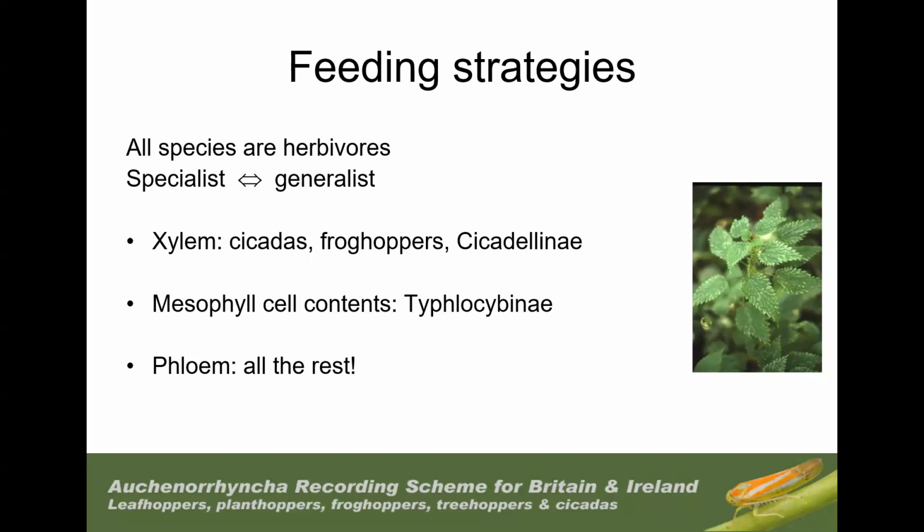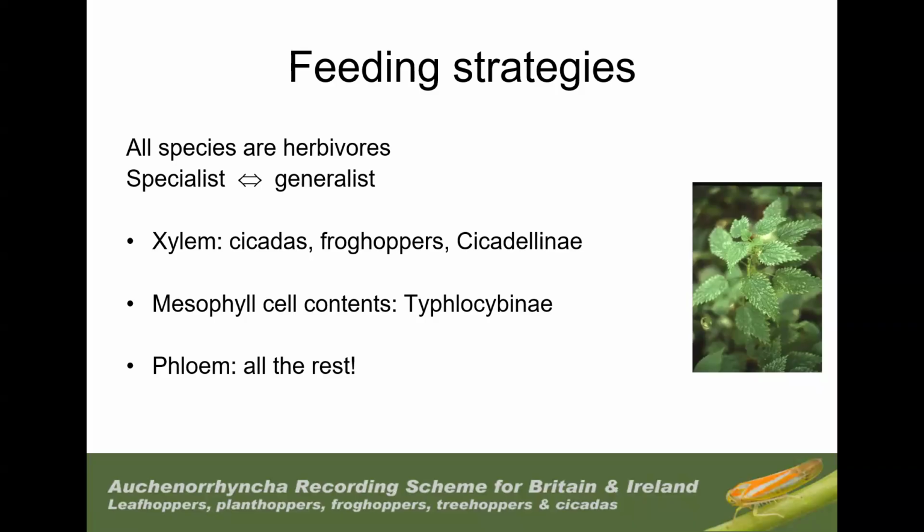And when you have a lot of feeding by these leafhoppers on a leaf, what you end up with is this stippling effect that you can see in the picture on the right-hand side here. This is actually a nettle, where the little white stippling marks all over the leaves are where these little Typhlocybinae leafhoppers have been feeding.